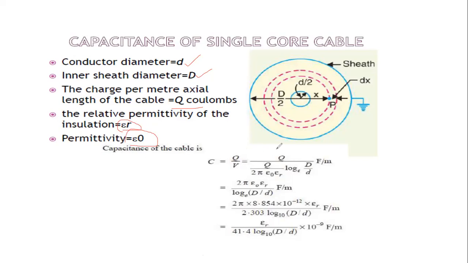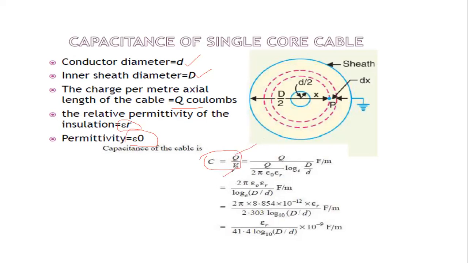Therefore, we calculate the capacitance value C. What is the formula for capacitance? C is equal to Q by V, where Q is the charge in coulombs and V is the voltage.